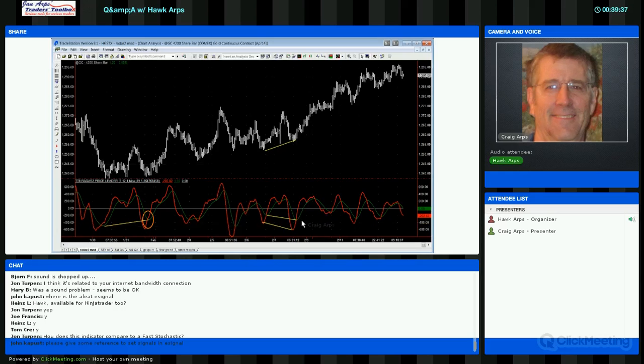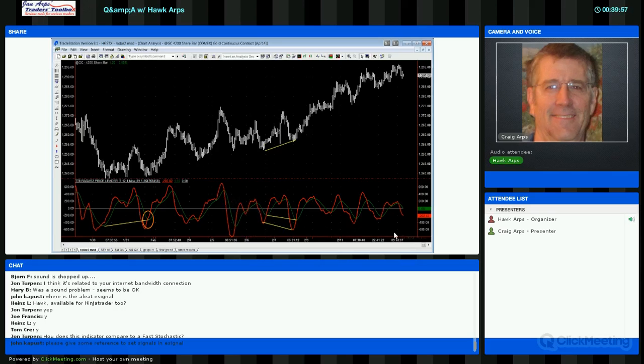Now, there's another aspect of Radar 2, and that is the overbought and oversold aspect of it. A few years ago, we added an overbought and oversold line to Radar 2, and I'll show that to you.